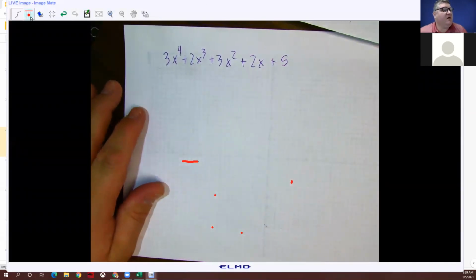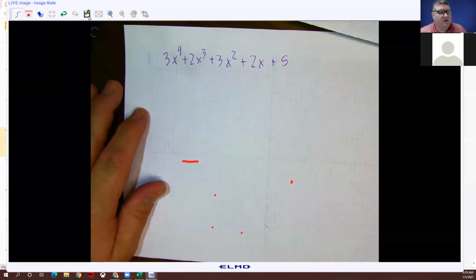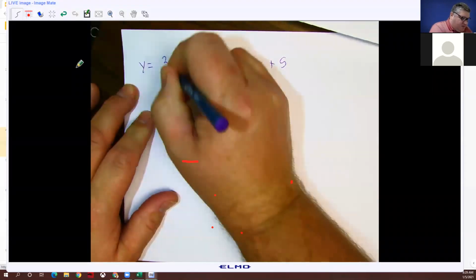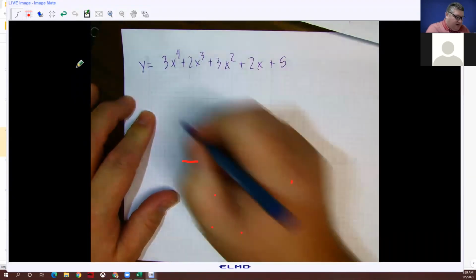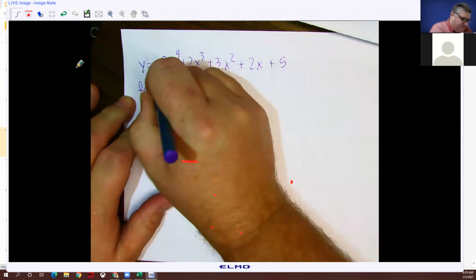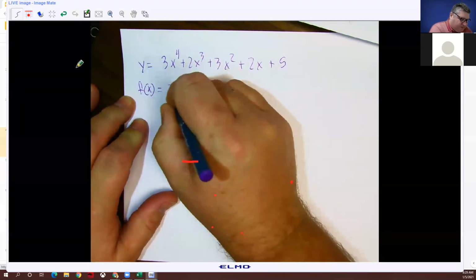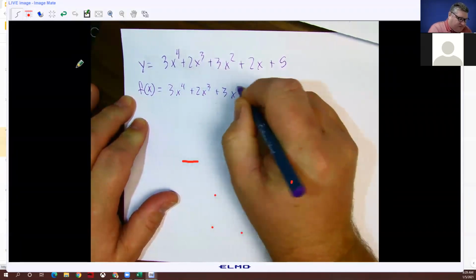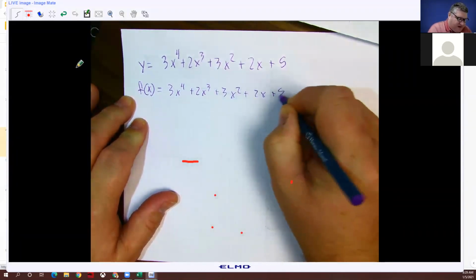Now, with that in mind, what we can do is say y equals. Now, we could also say it's a function, f of x equals 3x to the fourth plus 2x cubed plus 3x squared plus 2x plus 5.